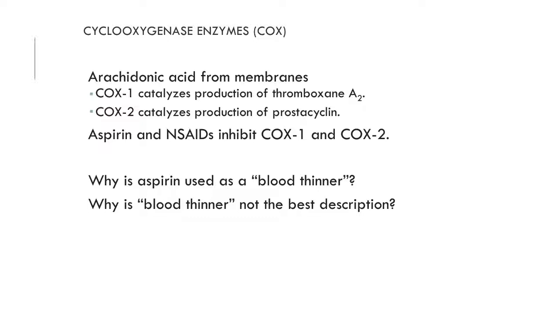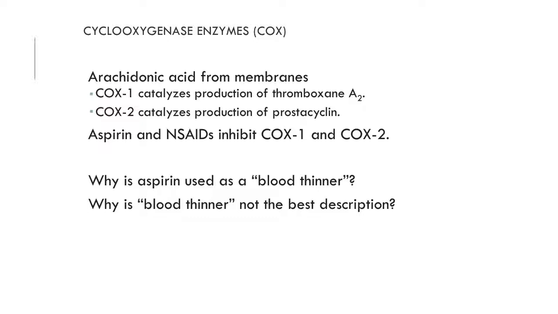We have COX-1, which catalyzes the production of thromboxane A2, and COX-2, which catalyzes the production of prostacyclin. Aspirin and NSAIDs are known to inhibit COX-1 and COX-2 enzymes. The COX-2 enzymes are what we want to have happen, but they can overproduce.